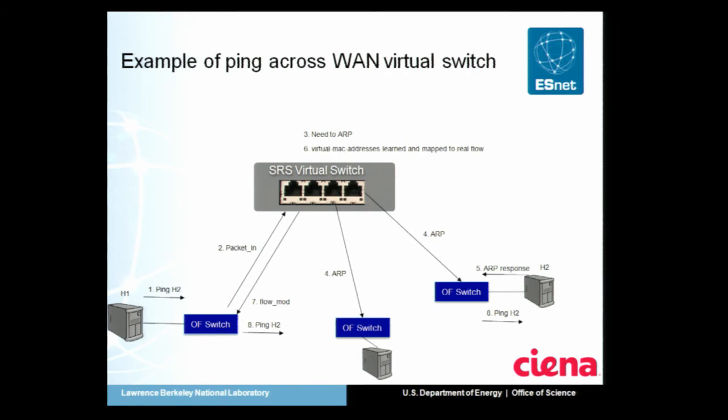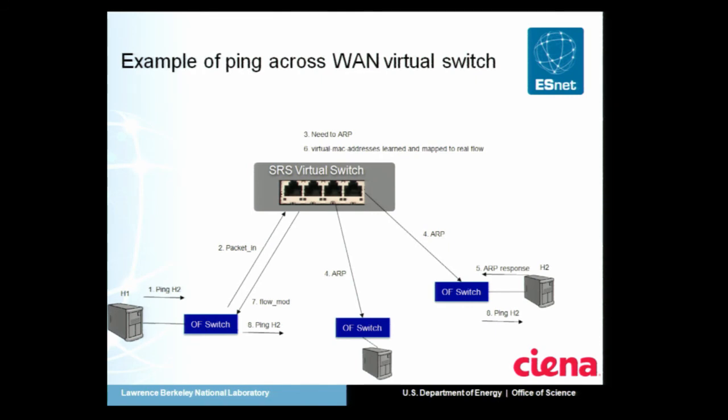Yeah. So I'm just going to talk high level. In the end, what we're saying is how does this virtual abstraction translate to physical, IP and what we know needs to happen. So you talk about a ping, you see OpenFlow packet in going up. The virtual switch acts like a switch and needs to ARP. It broadcasts the ARP over the two interfaces, so it's not a total wide area network broadcast.